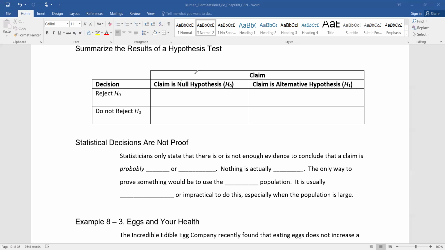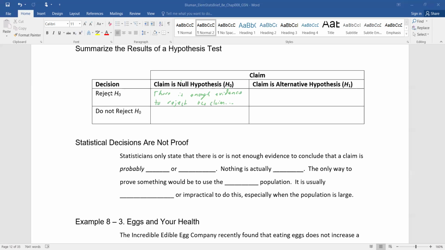And if I'm claiming that the mean is in fact equal to, if that's my claim, is the null, then I say there is enough evidence to reject the claim. Whatever the claim might be, if I'm deciding to reject the null and my null was the claim, there's enough evidence then to reject the claim.